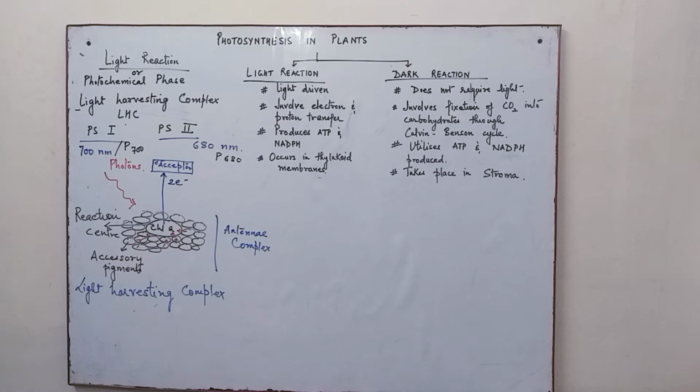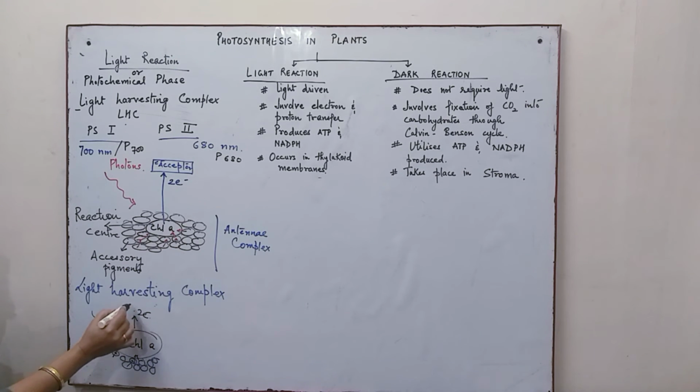Now, in laboratory conditions, if we take chlorophyll A separately, surrounded by the accessory pigments, and due to the absorption of light energy, the accessory pigments will absorb the light and pass this energy to chlorophyll A, and the electron received will be removed from the shell.